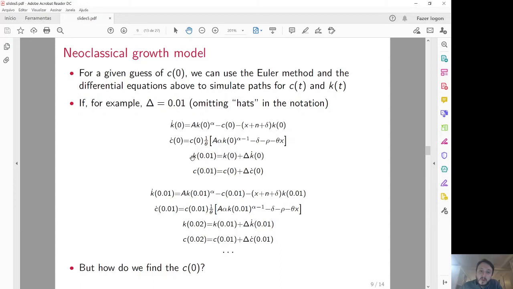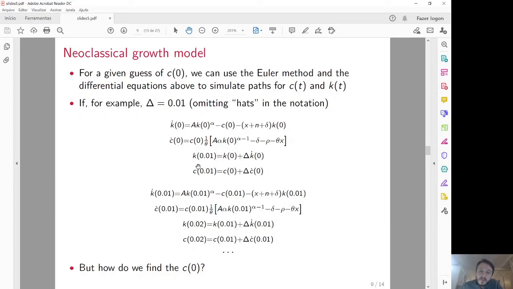With them, we can now use the Euler's method, which are these two lines here, to get K in time period 0.01. And this is the Euler's method formula. So K at time 0.01 is K in time 0 plus delta times K dot 0.